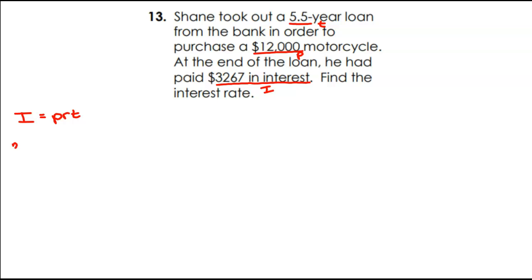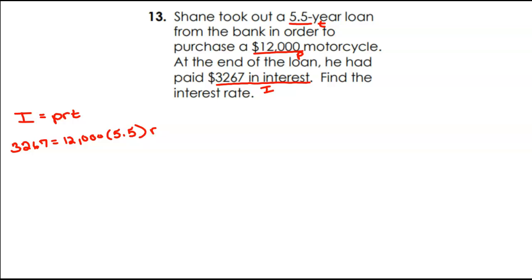So we know the interest is $3,267. We know the amount he borrowed, that was $12,000. We know the length of the loan, the time, which is 5.5, but we don't know R. So we're going to solve this.